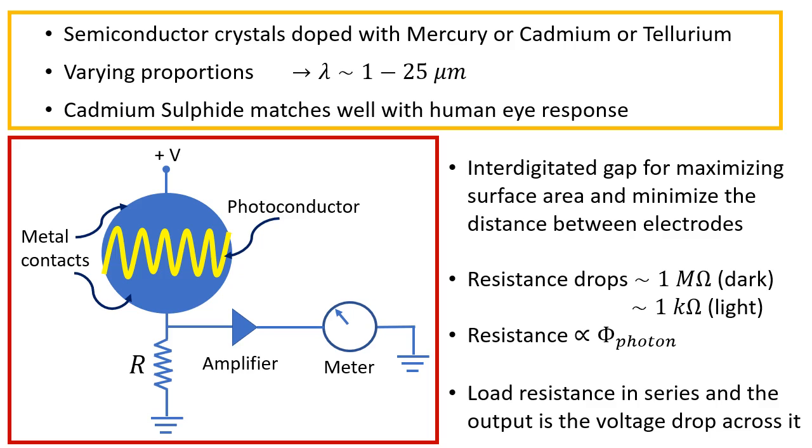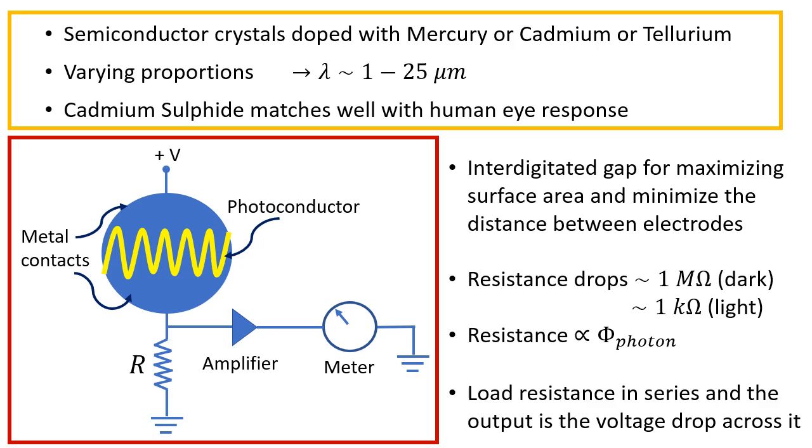So photoconductive detectors are largely known for being operational at very long wavelengths, that is deep into infrared and so on. For example, cadmium sulphide based detectors have been used for an extremely long time, actually very early on, because the transition associated with cadmium sulphide matches very well with the response of the human eye.